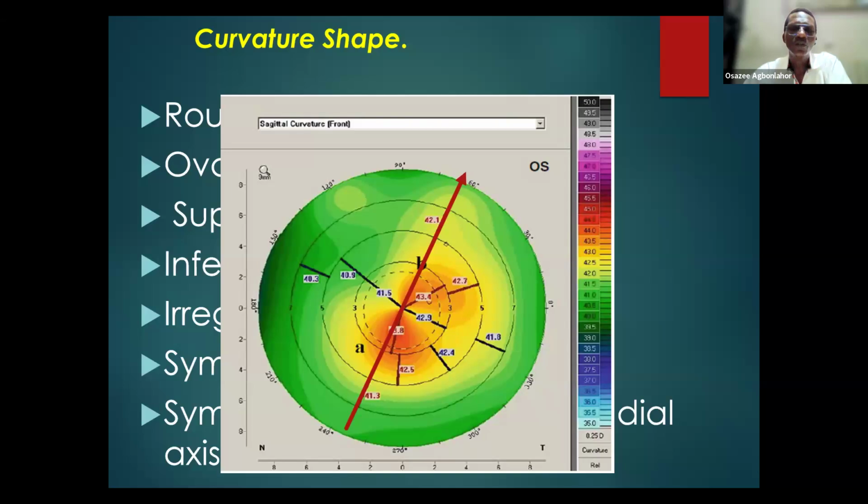So here you find that the difference between both meridians is more than 90 degrees, as seen in your regular astigmatism. If you draw a line as seen in this photo and the difference between the principal meridian and the other meridian is greater than 22 degrees, it is usually called a skewed symmetrical bow tie. However, if it's less than 22, you may not classify it as skewed.